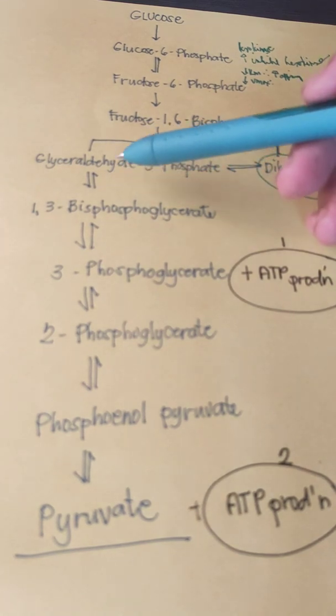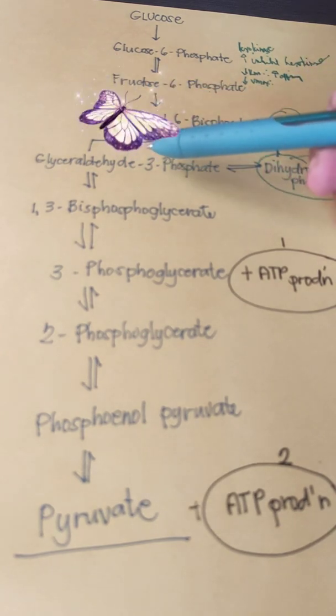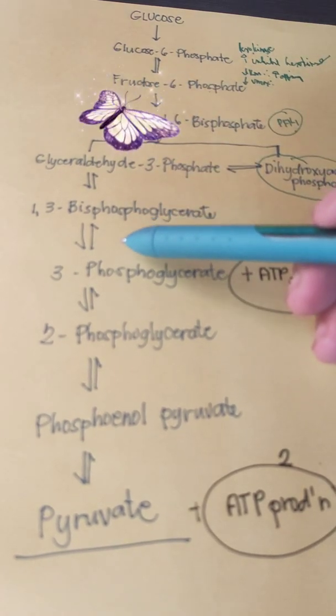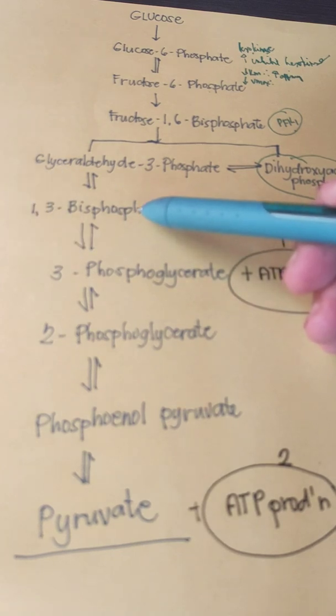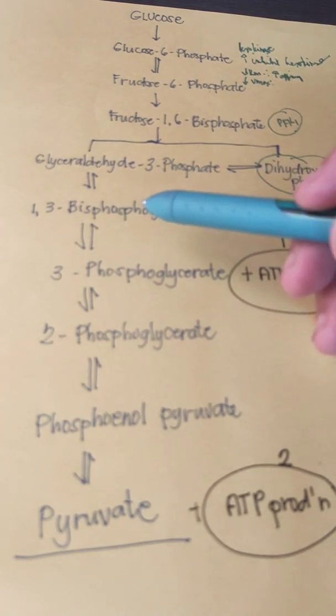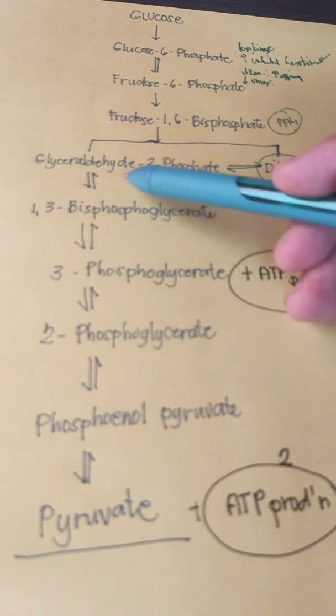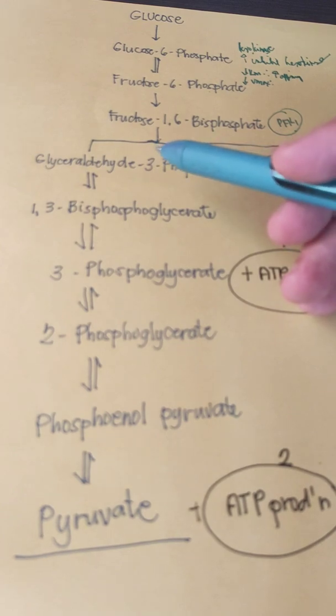Your glyceraldehyde 3-phosphate will be converted to 1,3-bisphosphate, and this is done in the presence of glyceraldehyde 3-phosphate dehydrogenase.